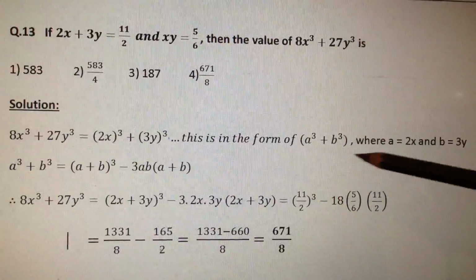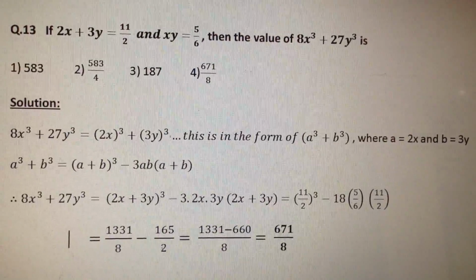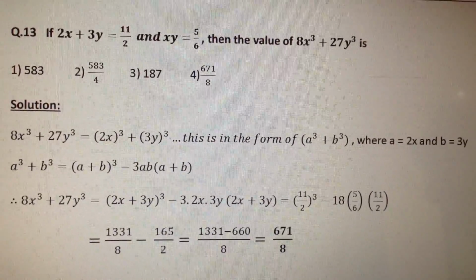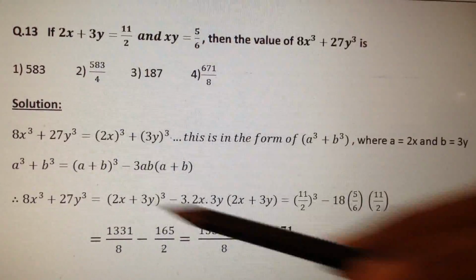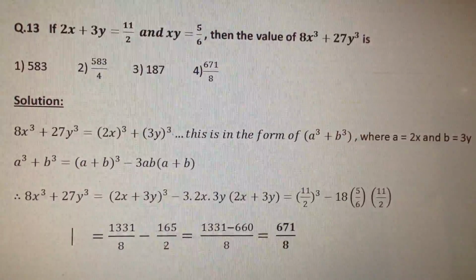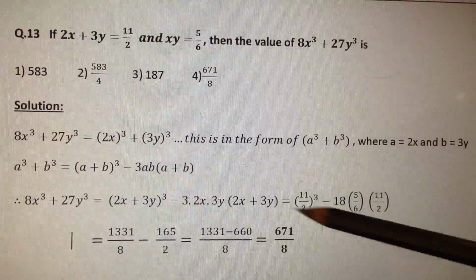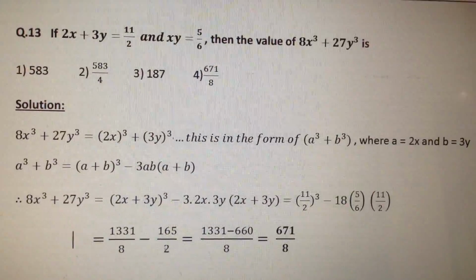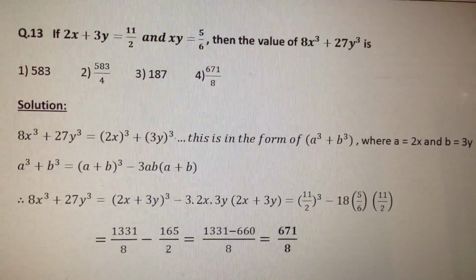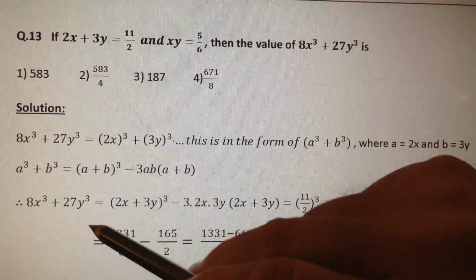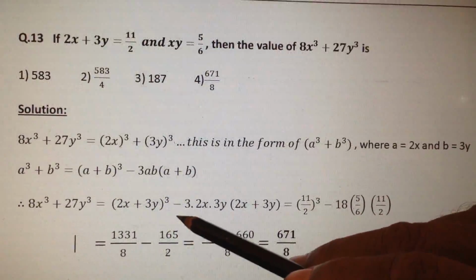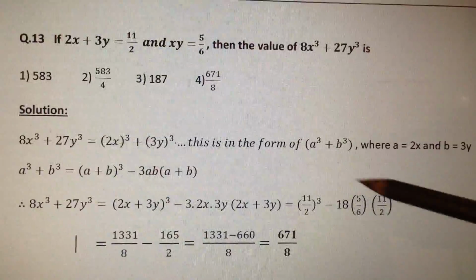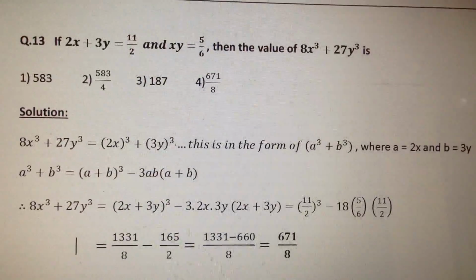This is in the form of a cube plus b cube, where a is equal to 2x and b is equal to 3y. We all know that a cube plus b cube is equal to a plus b whole cube minus 3ab into a plus b. We are substituting the values of a and b here.